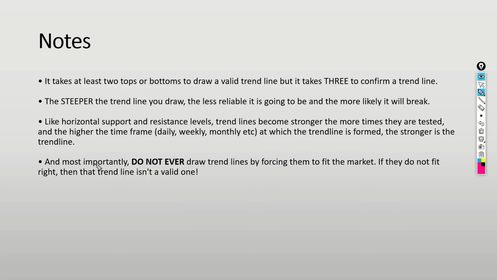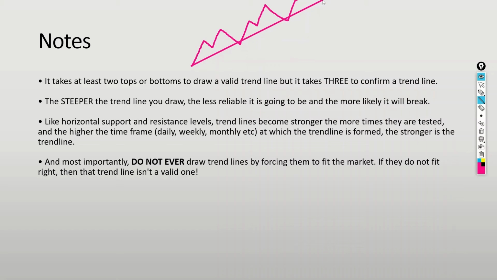Okay. Most importantly, do not ever draw trend lines by forcing them to fit the market. If they do not fit right, then the trend line isn't valid. For example, if you have a price that has moved in this format and you want to draw a trend line, but when you want to connect this line to this point and they do not match, do not force it to be.